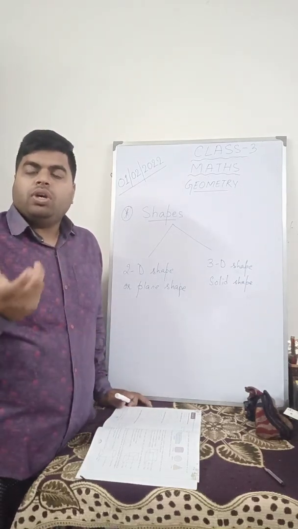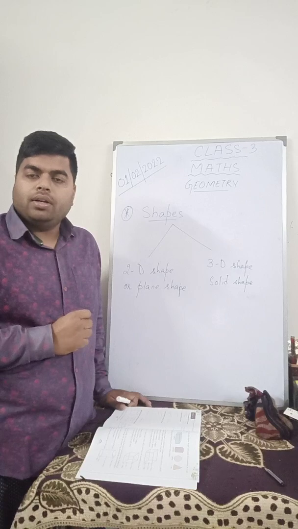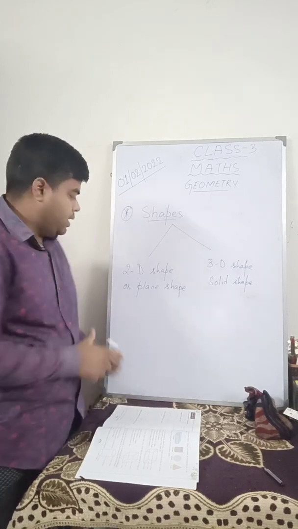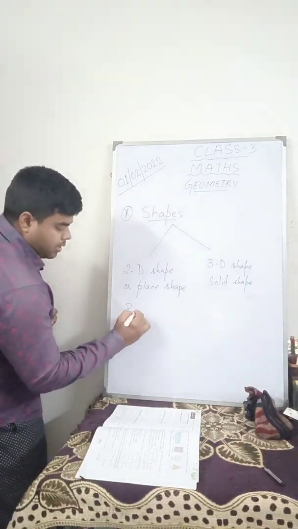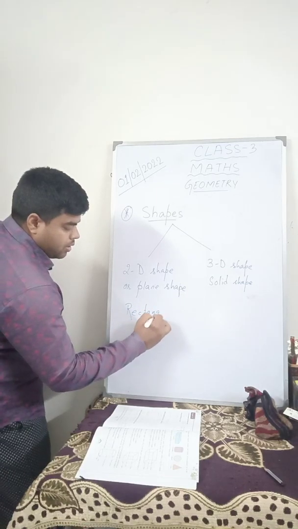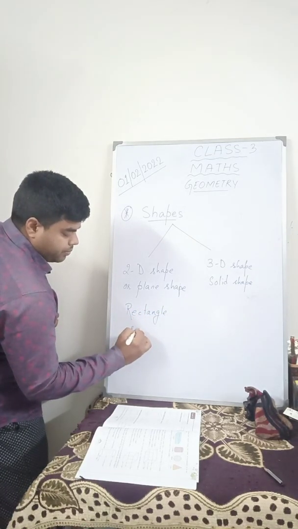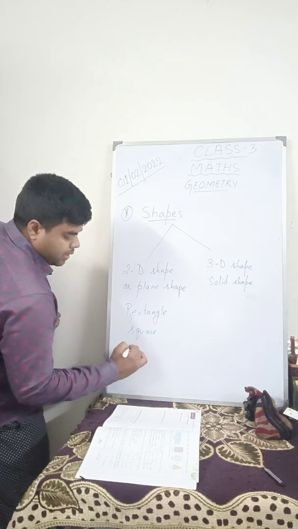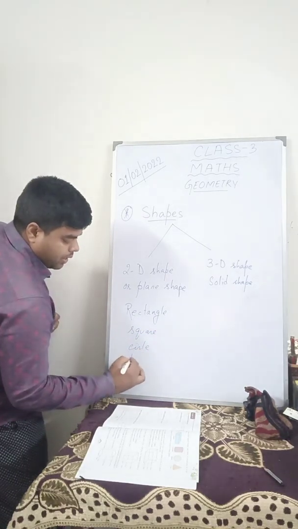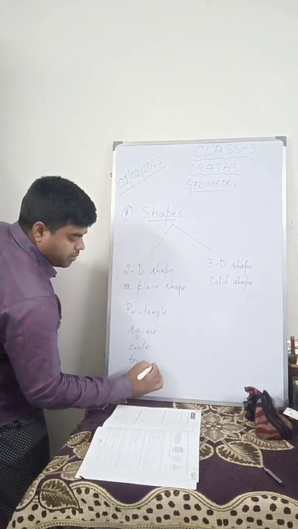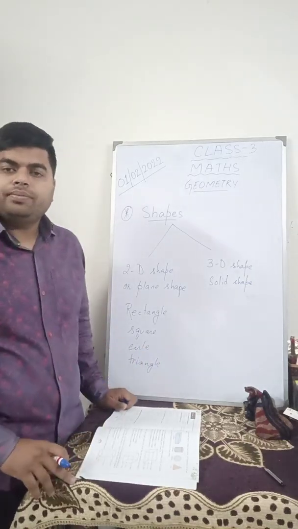Till now we have learned about plane figures like rectangle, square, circle, triangle. So these are all plane shapes, plane figures.